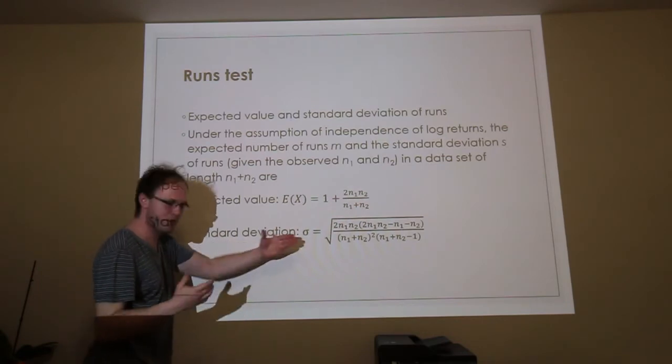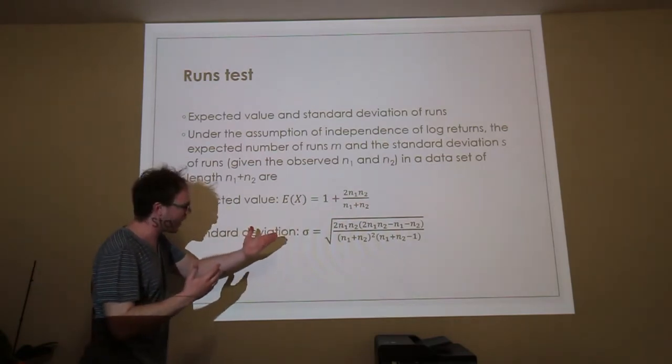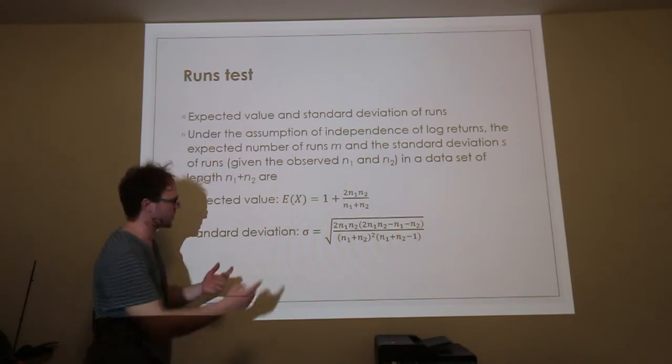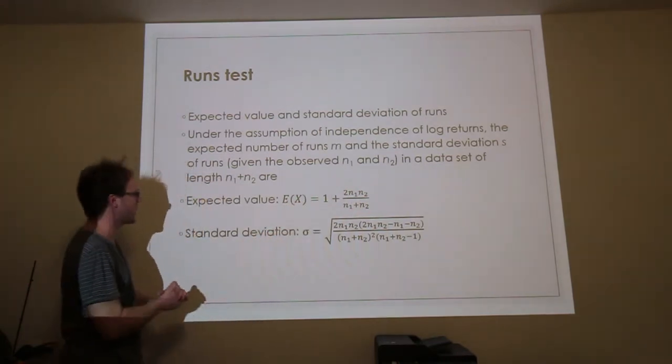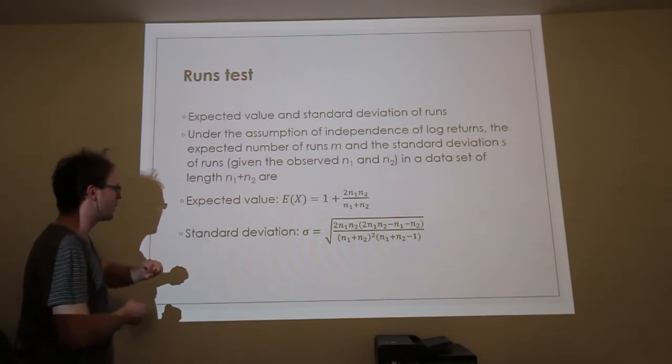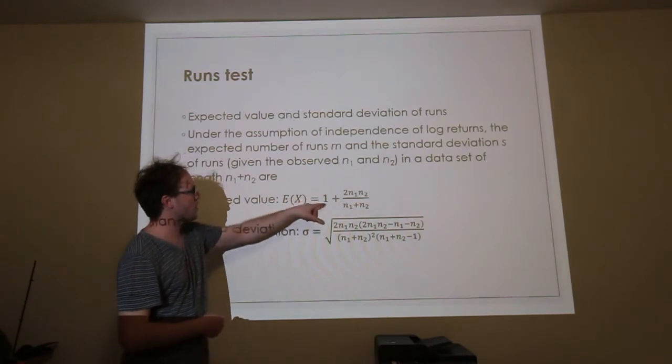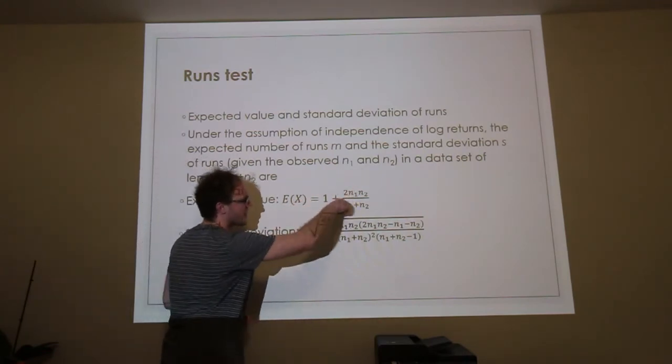The variance can be denoted DX, like dispersion of variable X, square root from the dispersion. So expected value and the standard deviation, yes, expected value 1 plus, and there is a ratio.